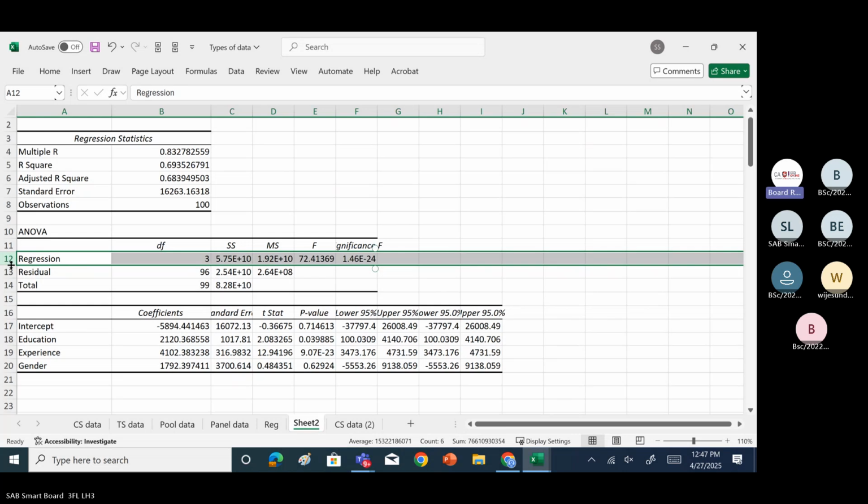So this is the third hypothesis, right? These are the hypotheses that we are going to develop before testing. So this is H1, H2, and the third one H3.